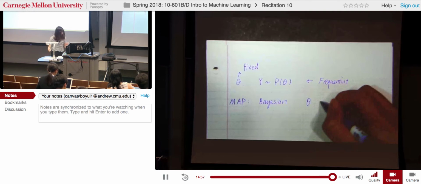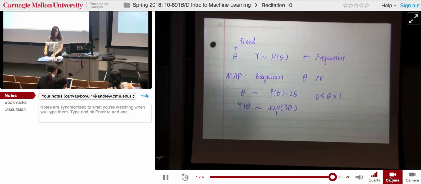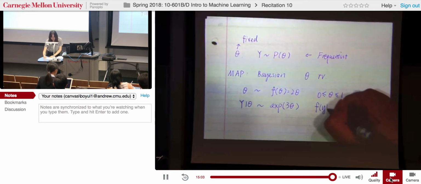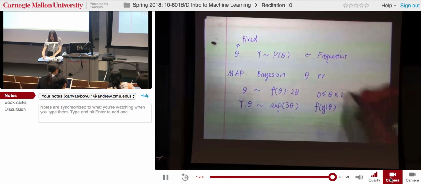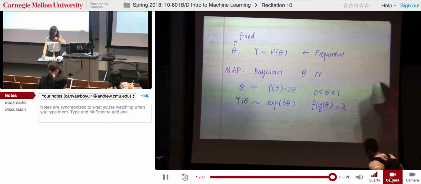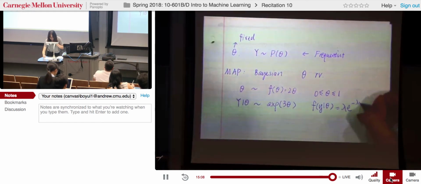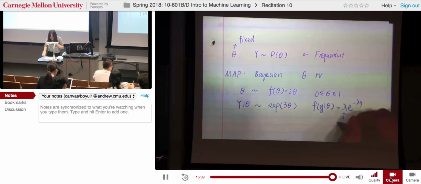So this is drawn from an exponential distribution parameterized by 3 theta. So the PDF is just lambda e to the minus lambda y, where lambda is 3 theta here.